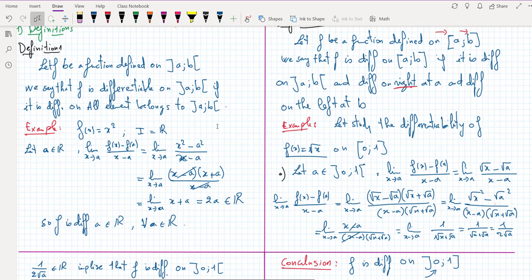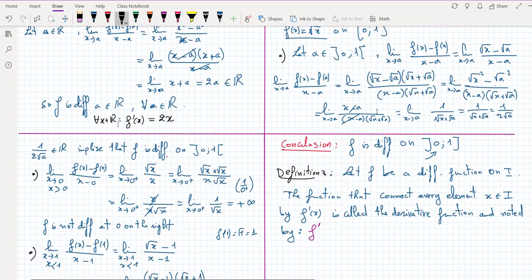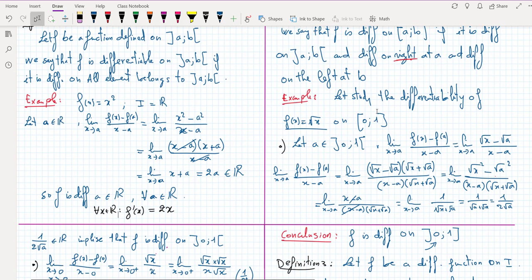For example, the derivative function of x squared is 2x. So we can now say that f prime x, the derivative function of x squared, is 2x for all x belongs to R. It's defined on R. In the other example, we take the root x and we found 1 over 2 root x.